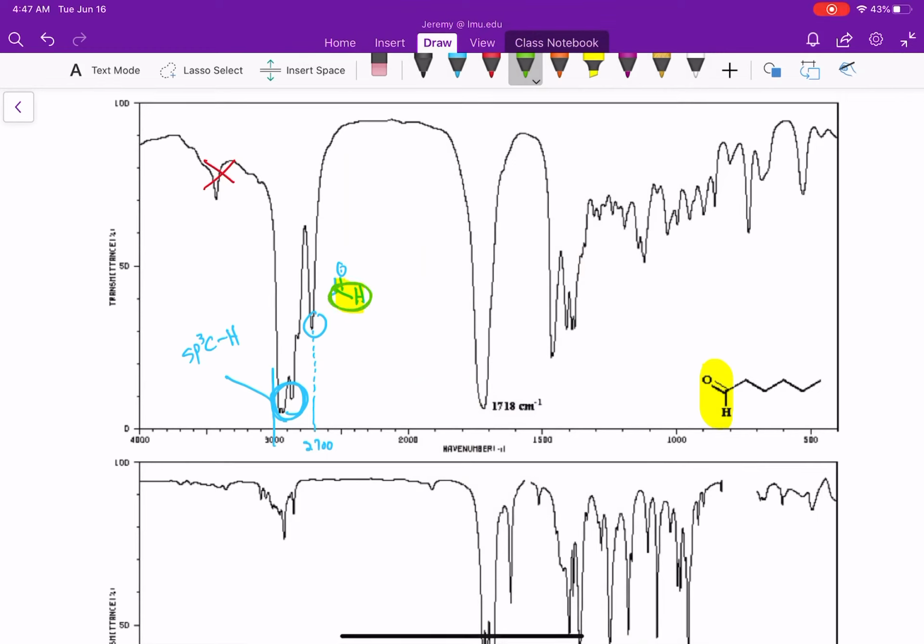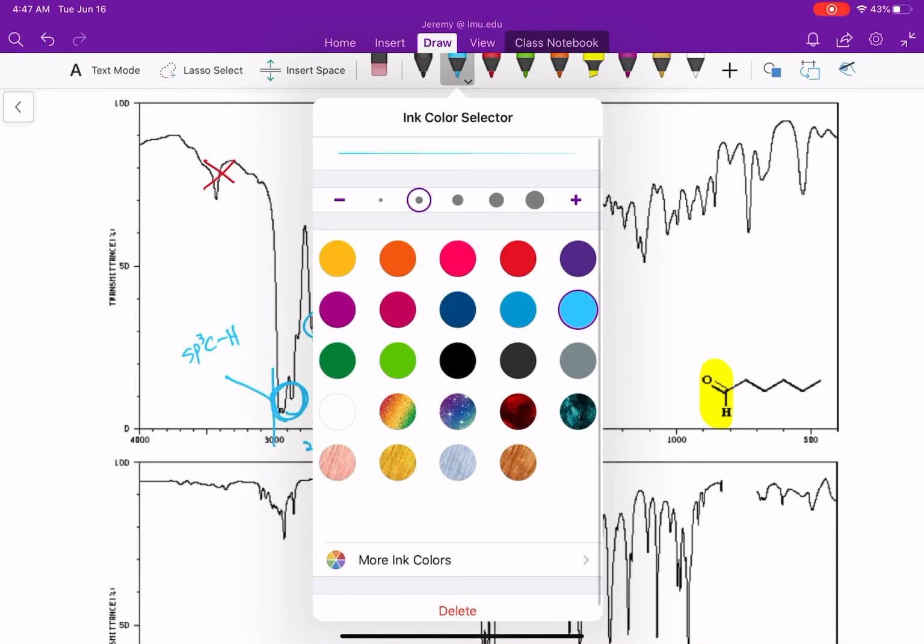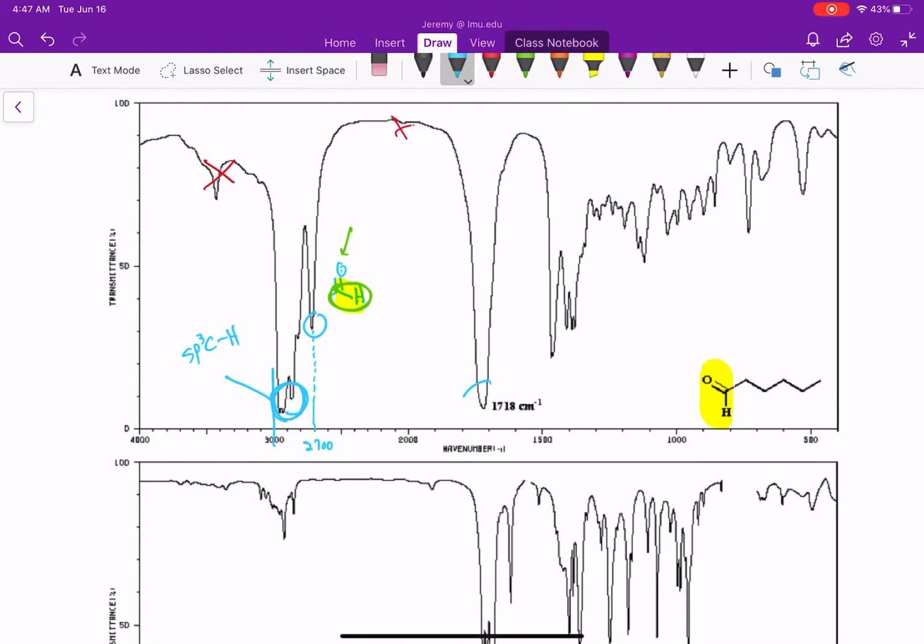Now, when you draw an aldehyde, what else does an aldehyde have? It has a carbonyl. Where does that show up? Nothing in zone 3, but in zone 4, we've got a huge peak at 1718. That is the carbonyl of the aldehyde. So you see, when you have an aldehyde, you have two distinctive peaks. You've got your 2700, the aldehyde C to H, and then you have the C double bond O at 1718.